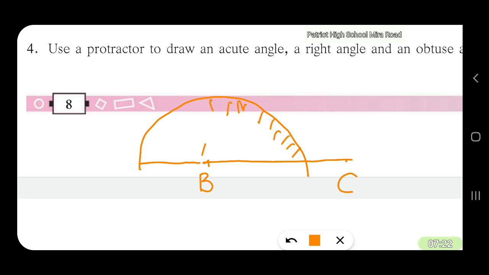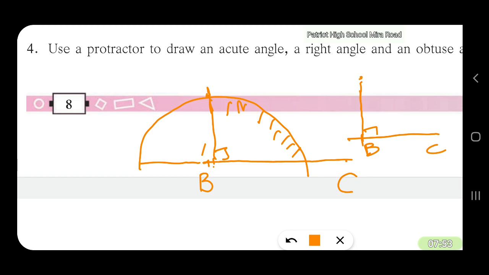So 90 degrees will be somewhere here. You mark an angle here, remove the protractor, and join this point with B. You will get angle ABC as 90 degrees, or a right angle.